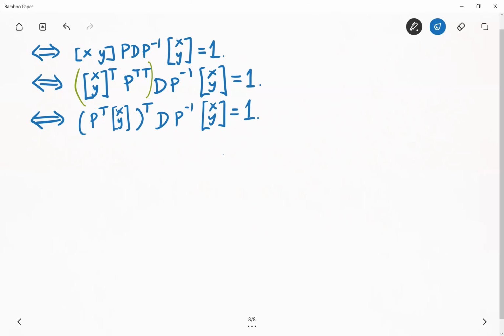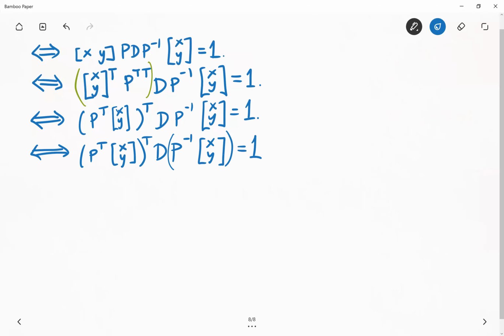Now again, we're in a very special situation when A is a symmetric matrix, which means that the eigenvector matrix P satisfies P inverse is equal to P transpose. So I could further write this as P transpose times xy, the entire quantity transposed, times D times P inverse xy. I'd like to parenthesize the P inverse xy.